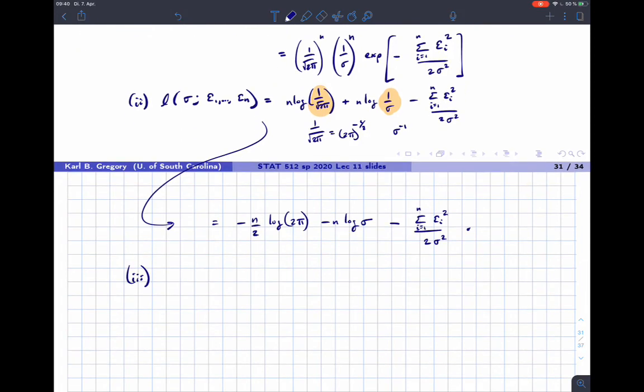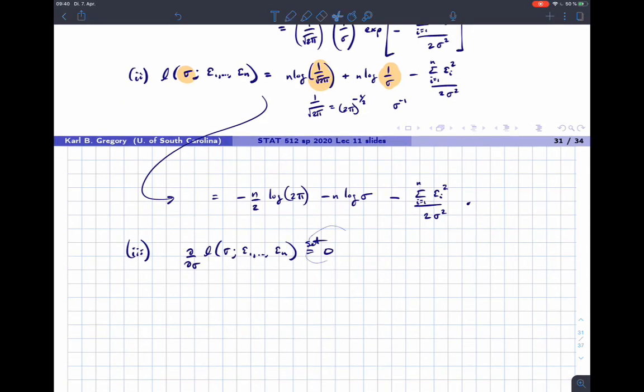Now to find the MLE of sigma, I want to differentiate this log likelihood with respect to sigma and set whatever I get equal to 0. Taking this derivative, I get nothing from the first one. The second one I get minus n over sigma.